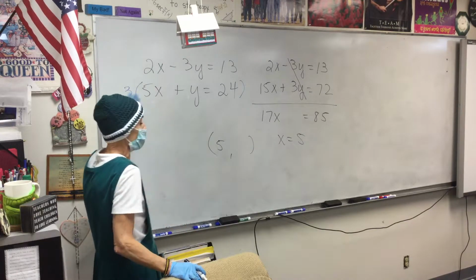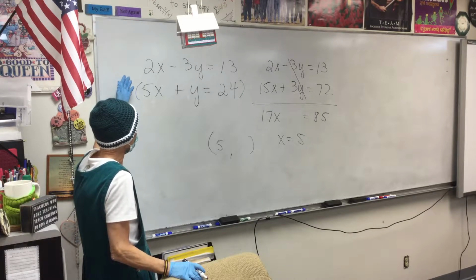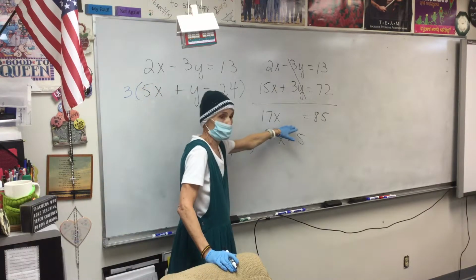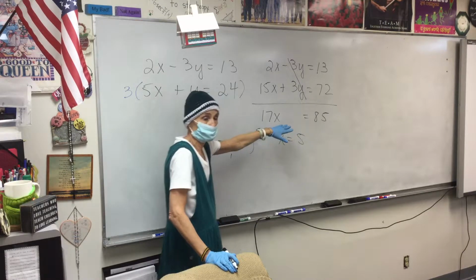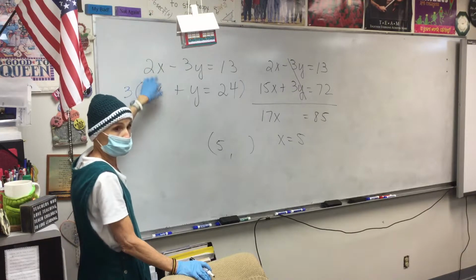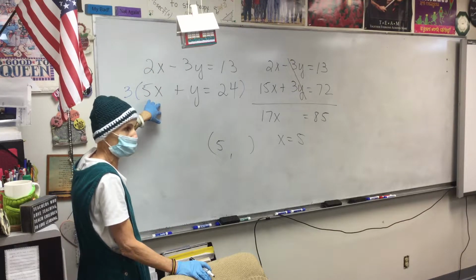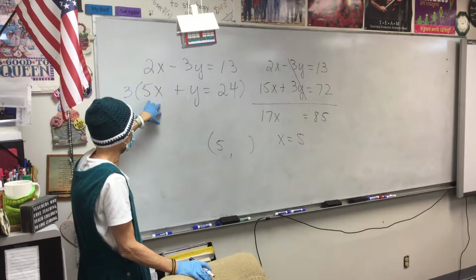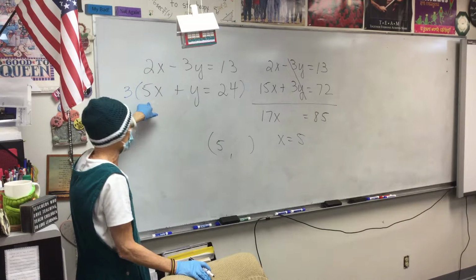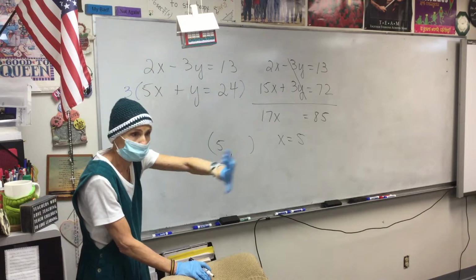So I'm just going to go back. Can you plug it into the 17x equals 85? Would you be able to? No, because there's no y there. My bad, I need an equation with a y in it. So I'm going to go back to one of these. Does not matter which one. This one looks easier to me, so I'm going to use the bottom one. But you can use whatever one you want, it makes no difference.